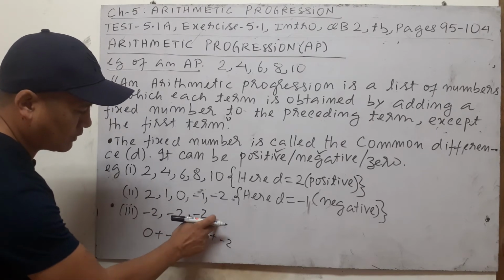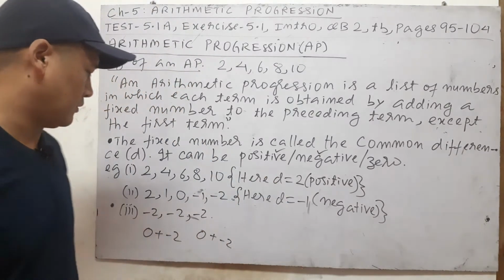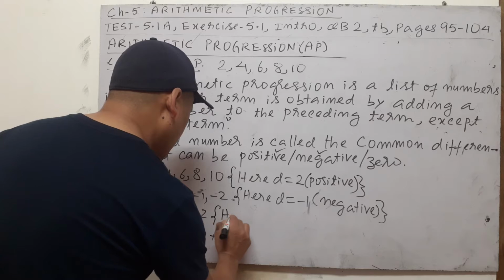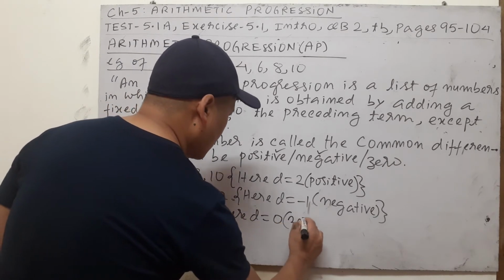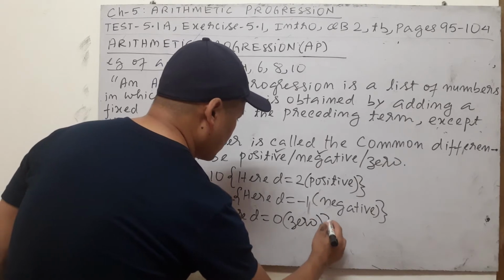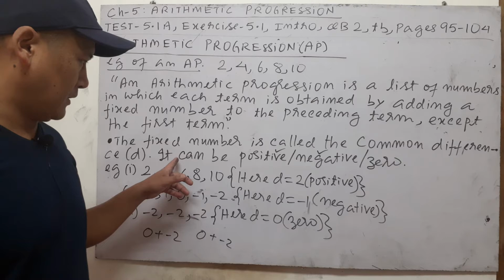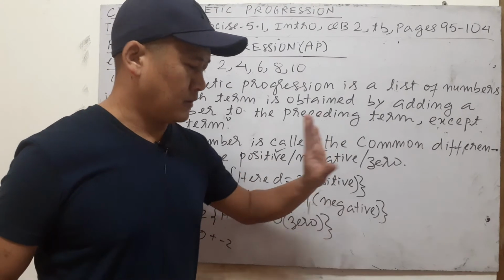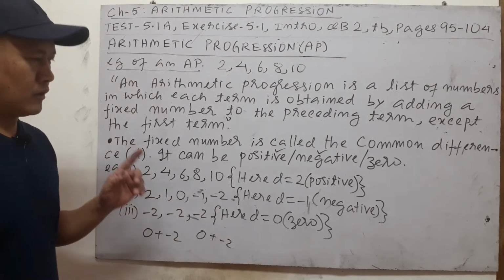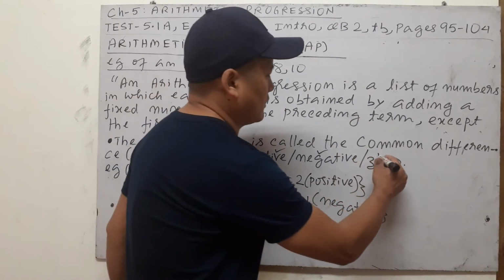So the common difference is 0 here, D is 0, and so the common difference D can also be 0. So this statement is true: the common difference of an AP can be positive, negative, or 0. We have proven it.